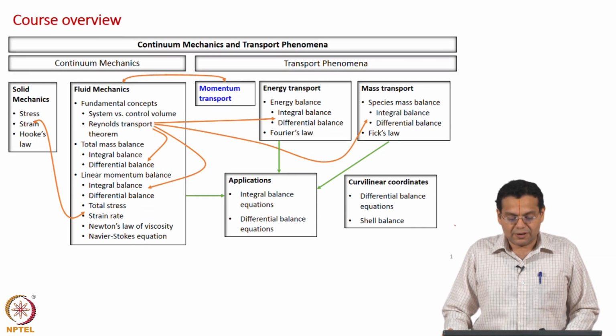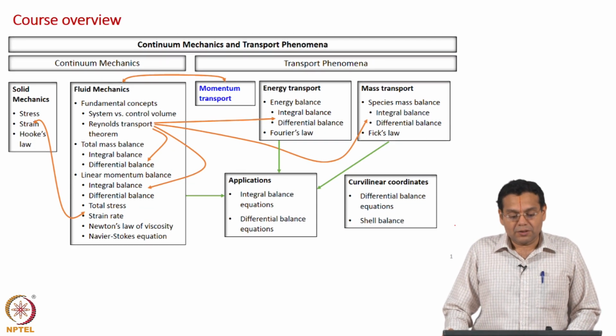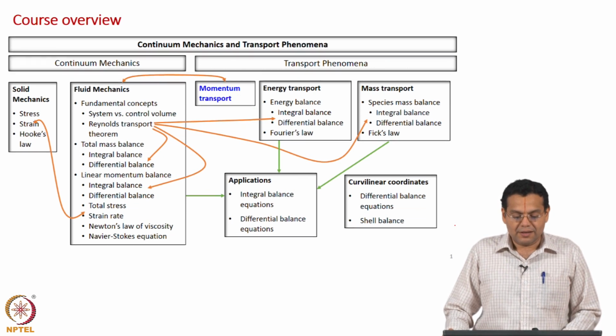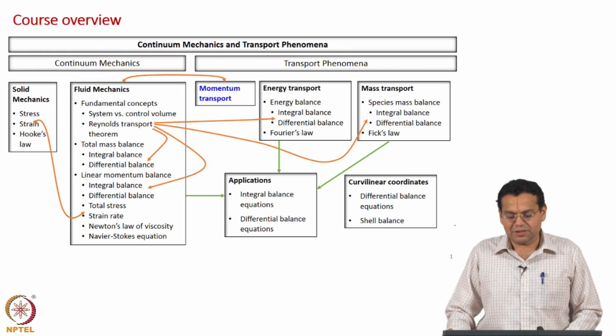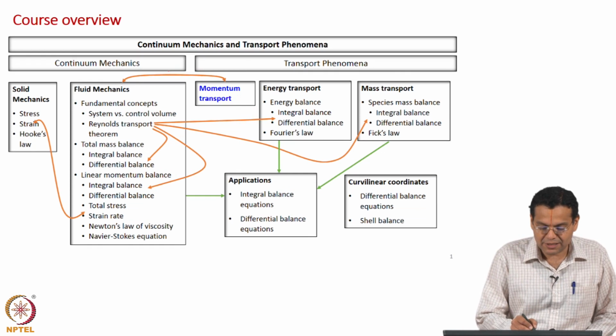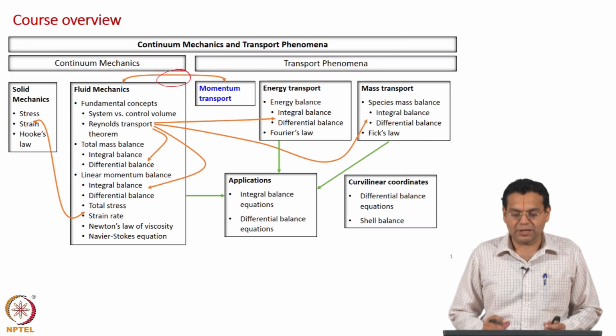Fluid flows can be analyzed either through fluid mechanics or momentum transport. And what we are going to discuss in this lecture is the equivalence between these two approaches and what is the subtle difference between them. So, to be more specific, we should say we are going to discuss this double headed arrow which says both are equivalent.